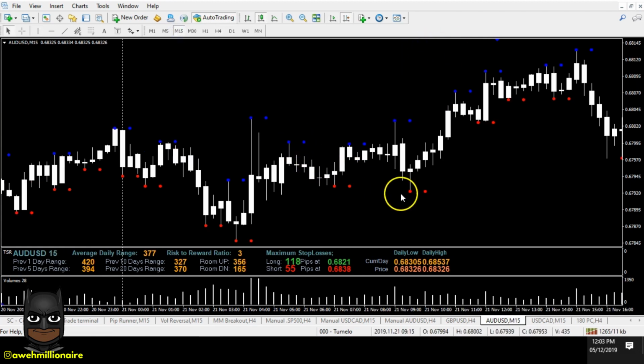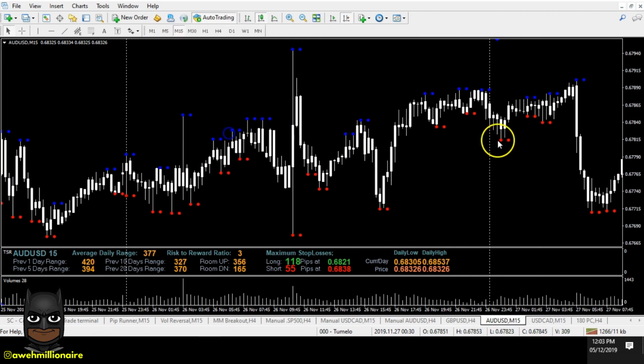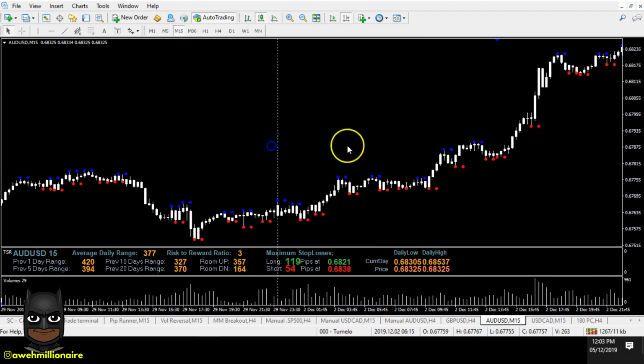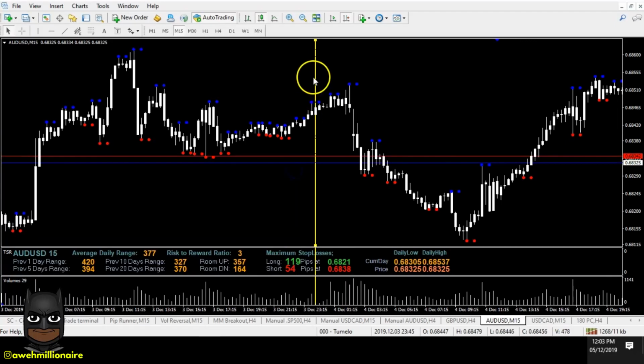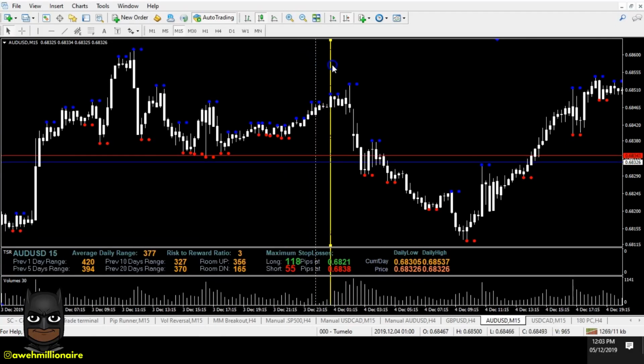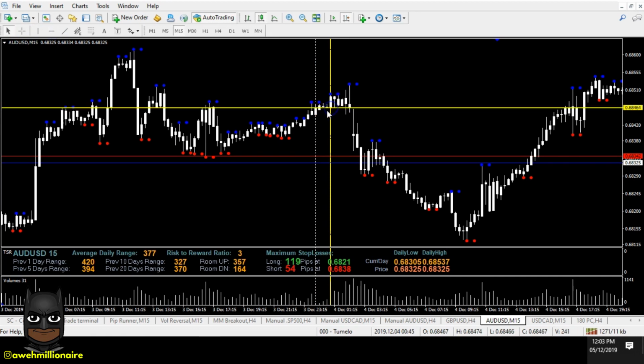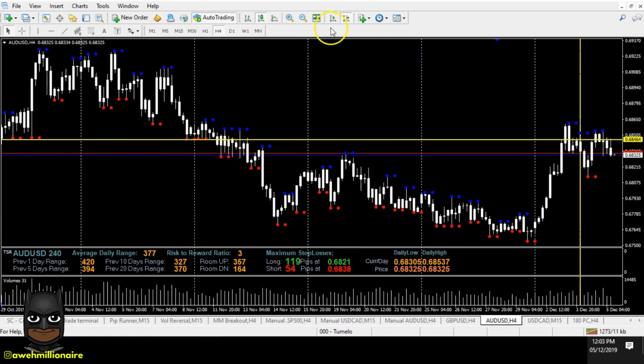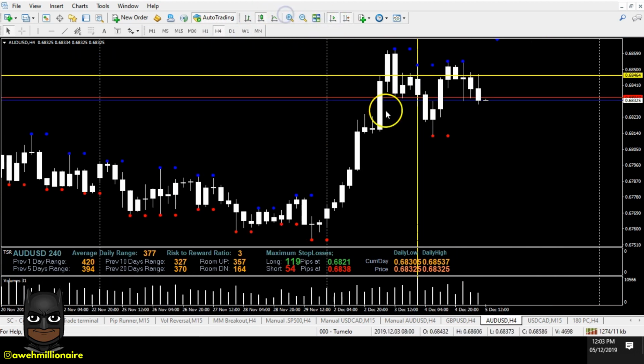You always want to be super specific, because you want to see exactly where the smart money is, because we trade with the smart money, not with the dumb money. With this analysis, there were two supply levels that were tested before the high impact news was released, and here is the other supply level right over here.